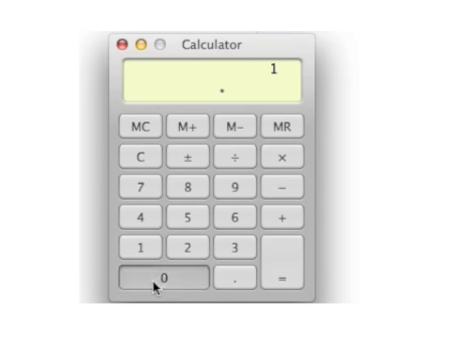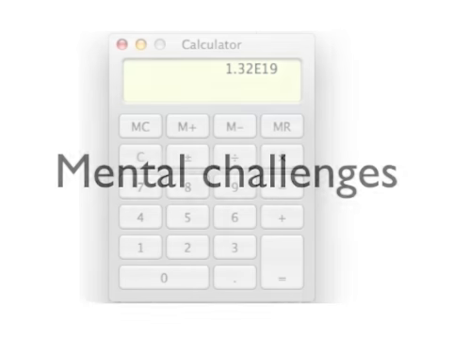Let's start with a number like 132, multiply it by 10, and it's just put a 0 on the end, 1,320. Times it by 10 again, another 0 appears. Times by 10, another 0. And we can keep hitting the equal sign, and it keeps multiplying by 10, keeps putting zeros on the end, until eventually the calculator can't take it anymore and runs out of space.